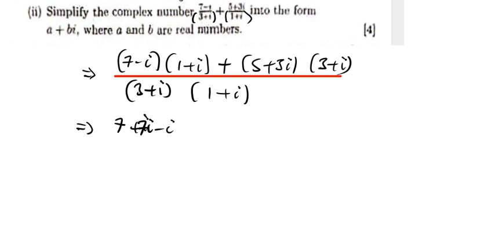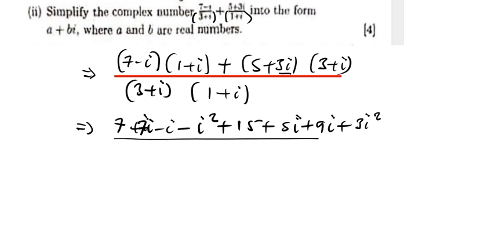Negative i times positive i is negative i squared. Then plus 5 times 3 is 15. 5 times i is 5i. 3i times 3 is 9i. Then 3i times i is plus 3i squared.